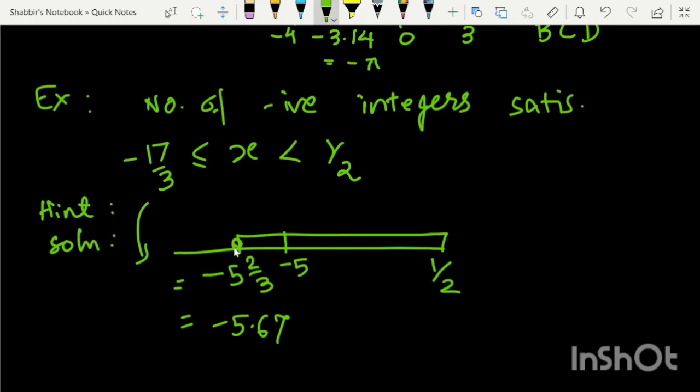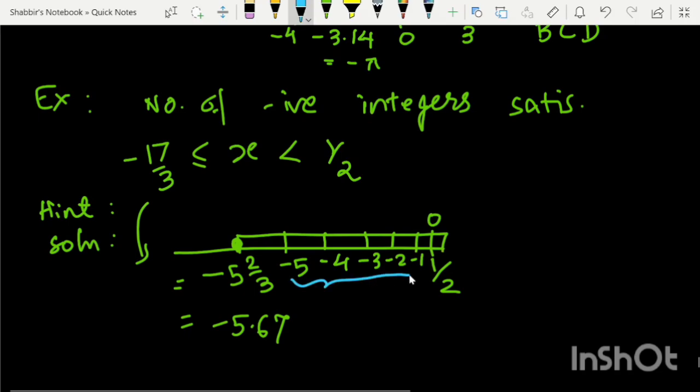Okay, although this is included, they are asking for negative integers. So minus 5, then minus 4, minus 3, minus 2, minus 1. Okay, although 0 is also there, from minus 5 to minus 1, there are 5 integers. So the answer is 5, guys.